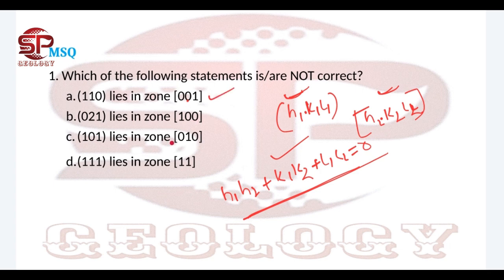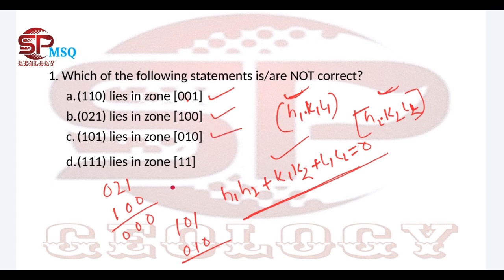2 1 0 lies in 0 0 1 zone. 1 into 0 is 0, 2 into 0 is 0. So this will also be correct. 1 0 1 lies in 0 1 0 zone. It will be 0.